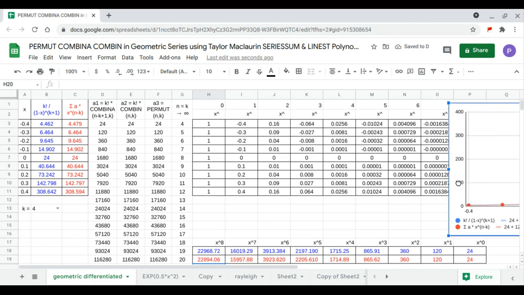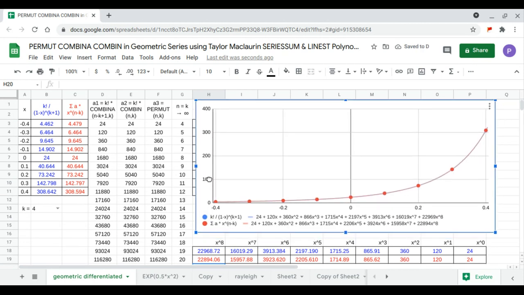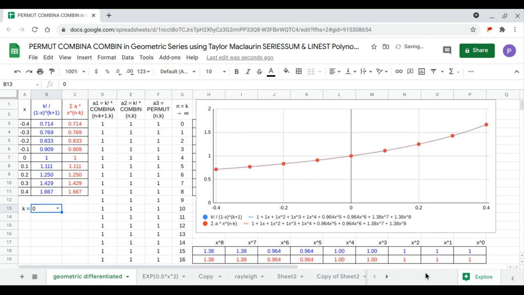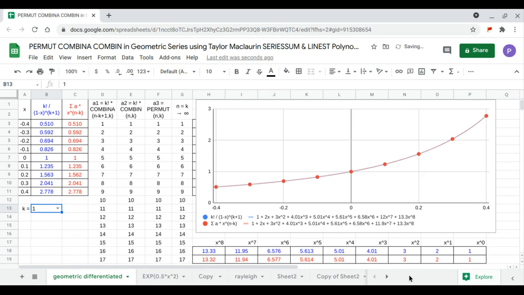So let's compare. At n equals 0, they are equal. At k equals 1, they're also the same. Let's look at the coefficient. The coefficient of x to the 0, 1. Coefficient of x, 2.